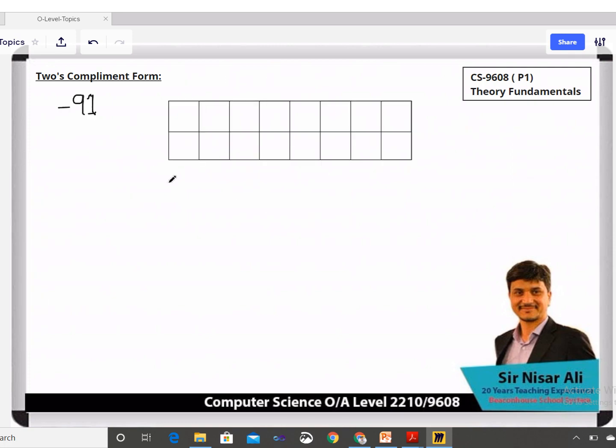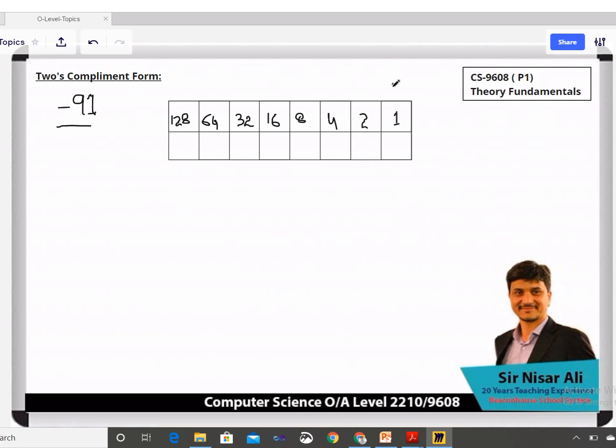For representing a negative number in 2's complement, we have the powers 1, 2, 4, 8, 16, 32, 64 and 128.